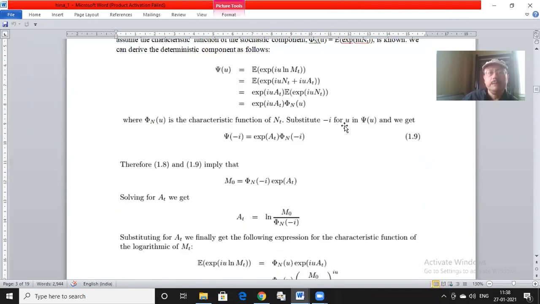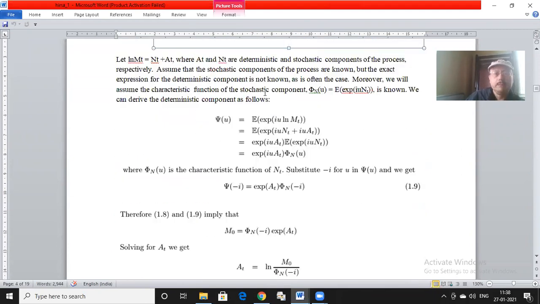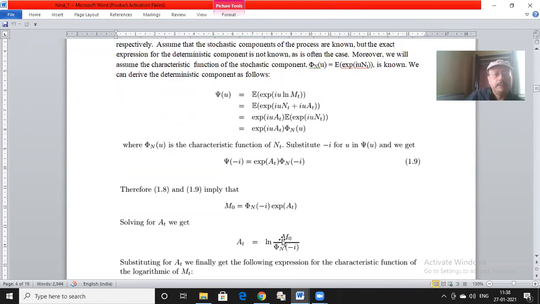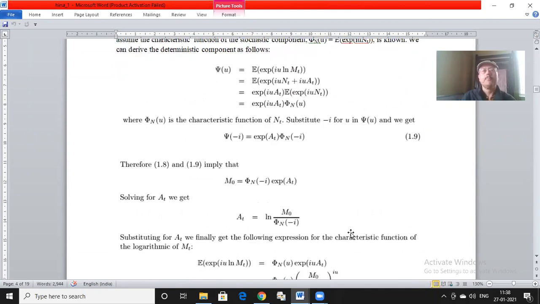And sometimes if I know the characteristic function of the stochastic part, I can also use that information in turn to evaluate the deterministic part. So I can go both ways depending on what piece of information is known to me. I try to figure out the other part. That's what we do all the time. So these tricks we will be using repeatedly.